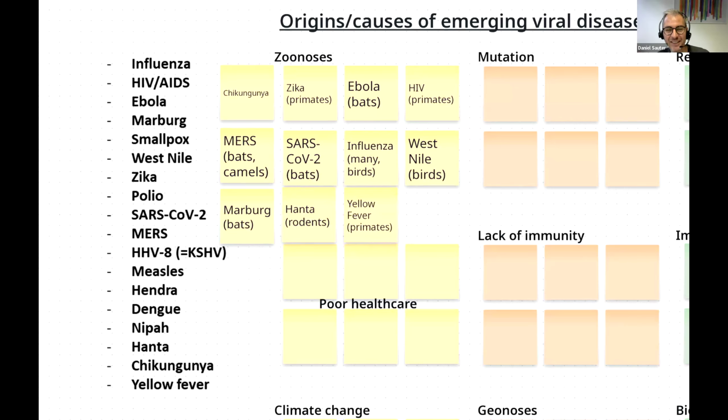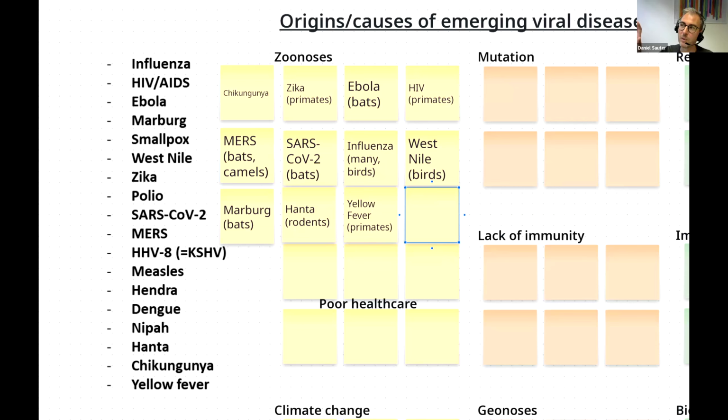Nipah. Yes. What's the host of Nipah? Does anyone know? Could be bats. And the intermediate host or carrier would be pigs. So essentially the movie Contagion that I showed you is inspired by Nipah virus.